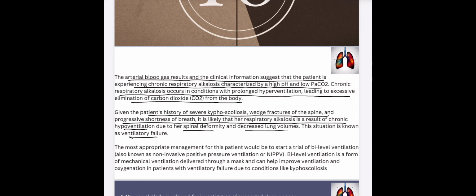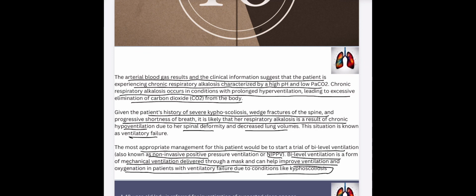This is known as a respiratory failure, and the most appropriate management for this patient would be to start BiPAP, also known as non-invasive positive pressure ventilation. Bilevel ventilation is a form of mechanical ventilation delivered through a mask and can help improve ventilation and oxygenation in patients with ventilatory failure due to conditions like kyphoscoliosis.